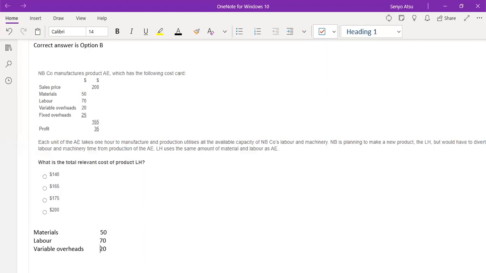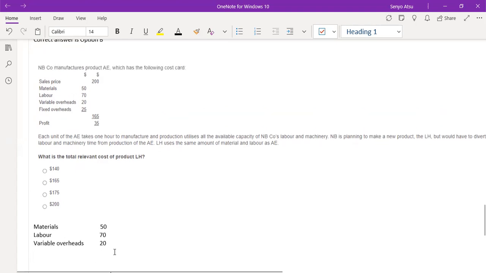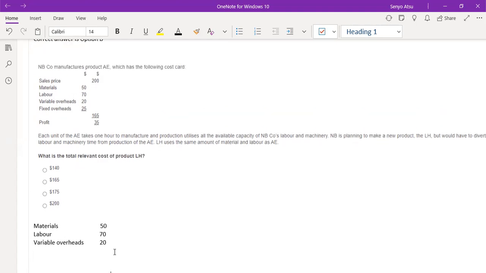Each unit of the AE takes 1 hour to manufacture. And production utilizes all the available capacity. So you see, if you are using 1 hour, it means that currently the contribution you are making per unit of AE, AE makes a profit of 35.